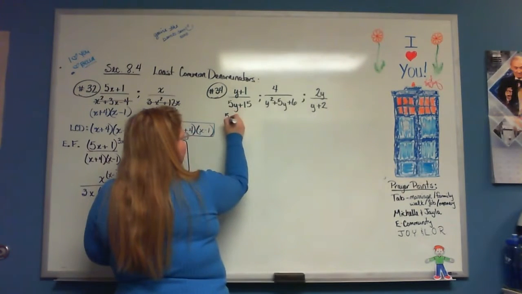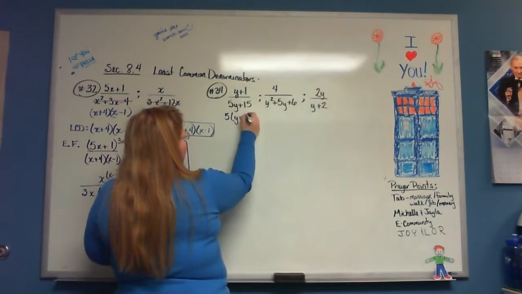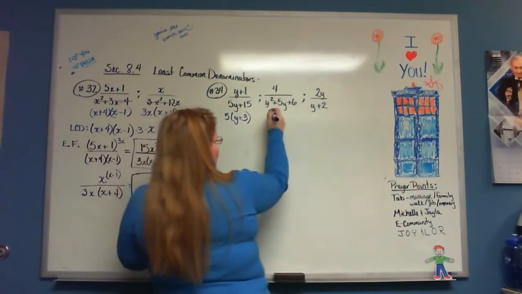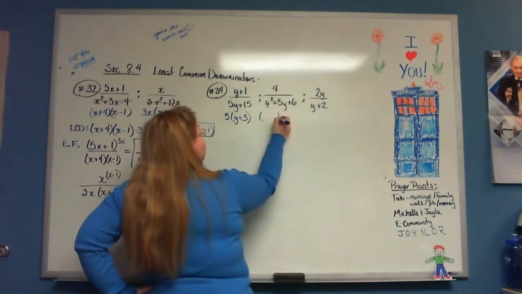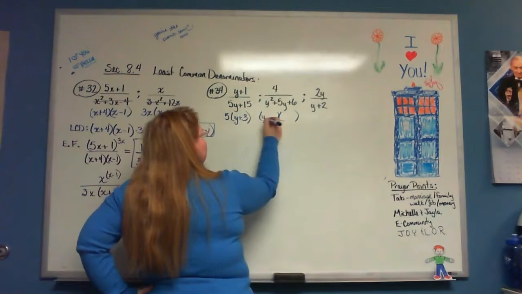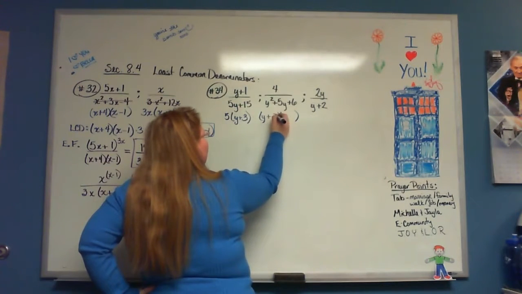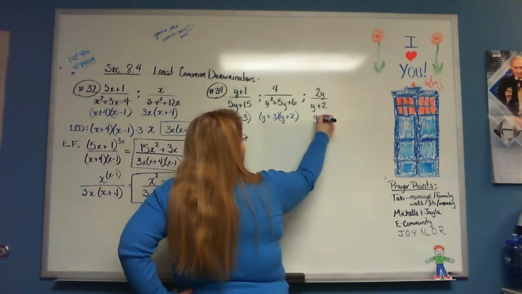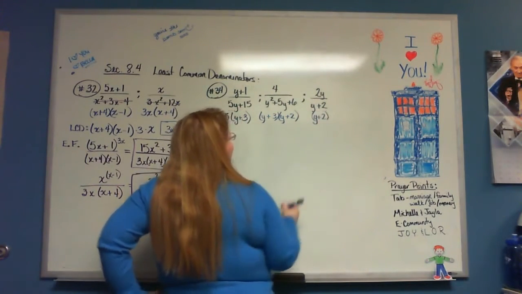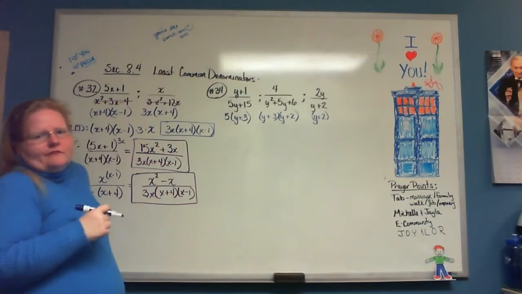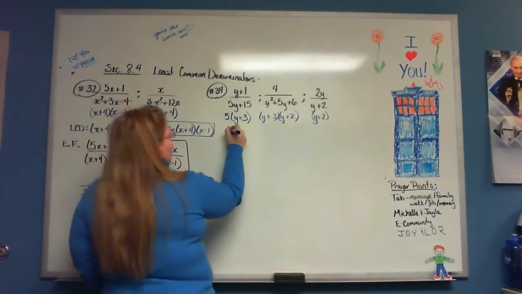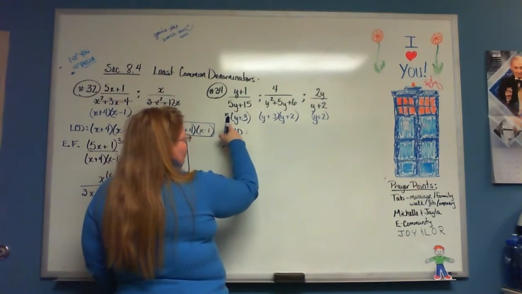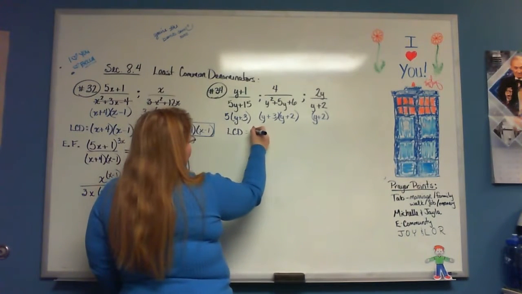Factoring this one, y plus 3. Factoring this one, plus 3 plus 2, that's already factored. Put parentheses around it so it looks right. That's all. So to find my LCD, I have a 5, so it's going to have to be down here.